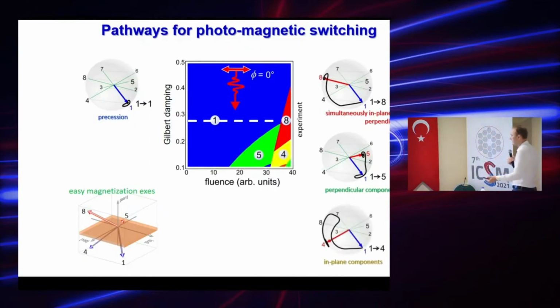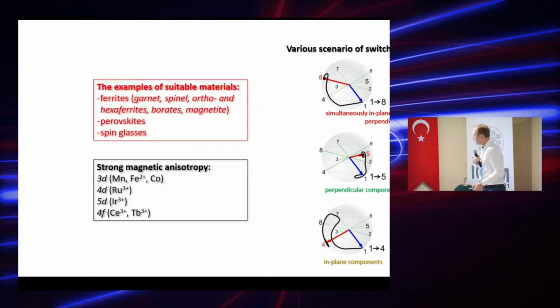And next, by manipulating the parameters of the light and the materials, we observe switching between in-plane components. These are various switching scenarios we propose only by modeling. In the future, for example, after changing the parameters of the material, we can confirm a different situation.